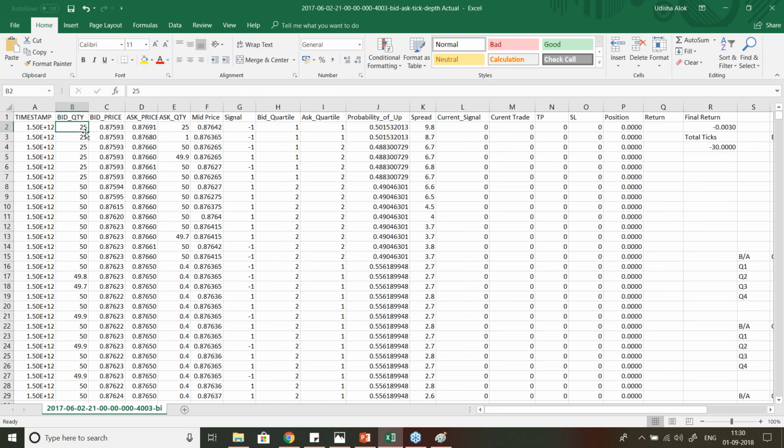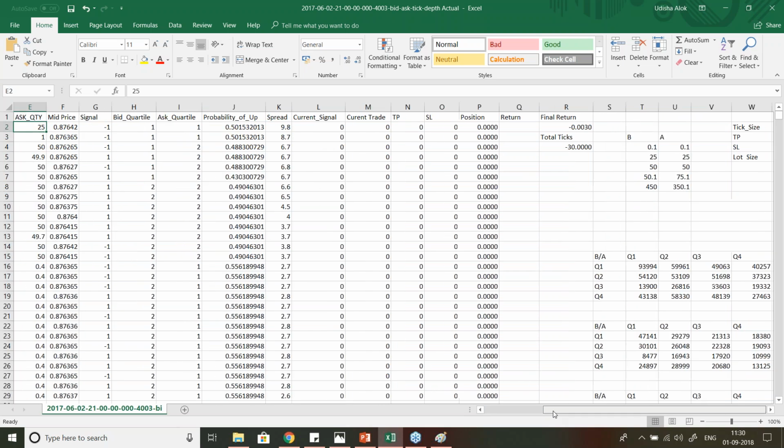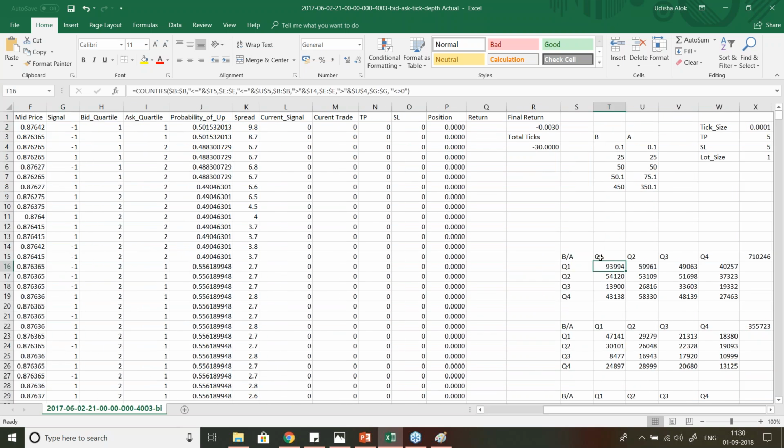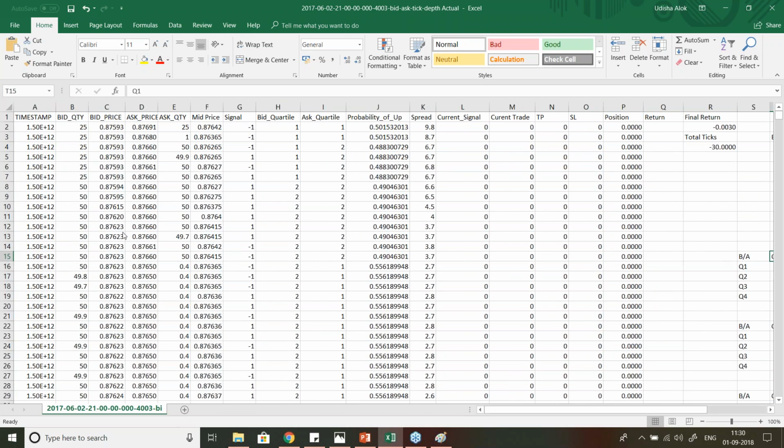Here the volume is less than or equal to 25 in bid and ask less than or equal to 25. So this is basically Q1 for bid and Q1 for ask. So we'll count this as one of these instances where bid and ask are in Q1, right?